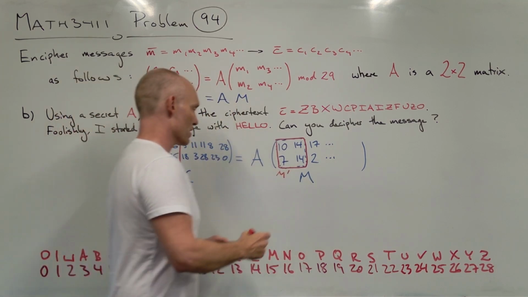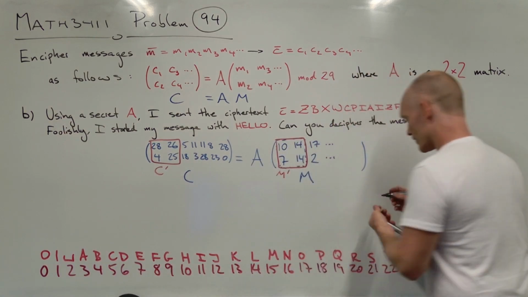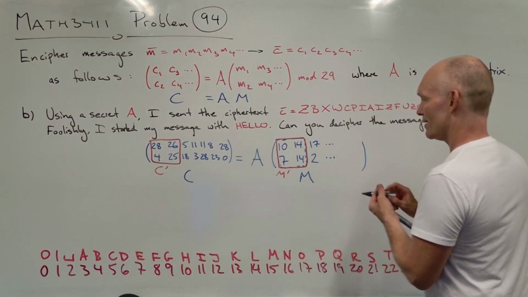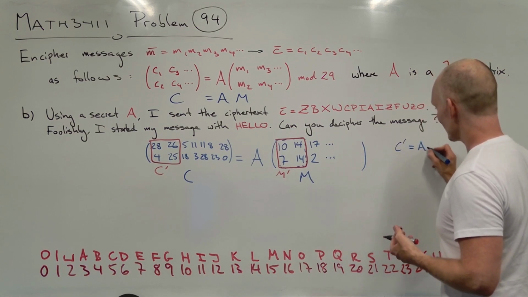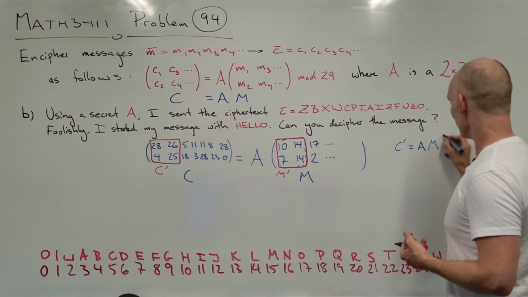And then I can write C prime is equal to A times M prime.